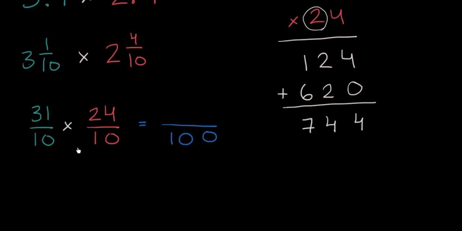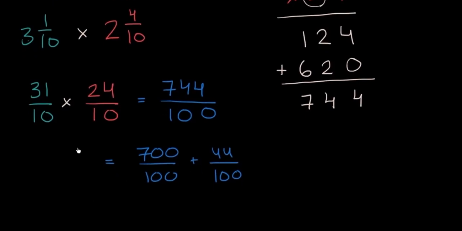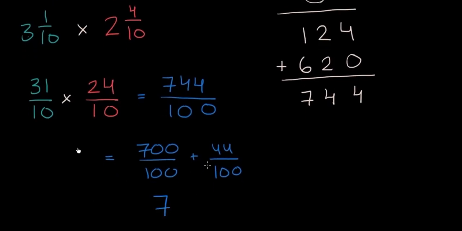So when you multiply these two things together, in the numerator you get 744 hundredths, which can also be expressed as 700 hundredths plus 44 hundredths. And 700 hundredths is just going to be equal to 7. So this is 7 plus 44 hundredths, which we could write as 0.44. That's our 7 and 44 hundredths, and we would be done.